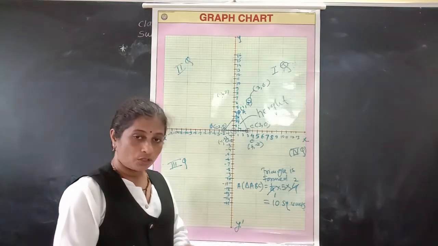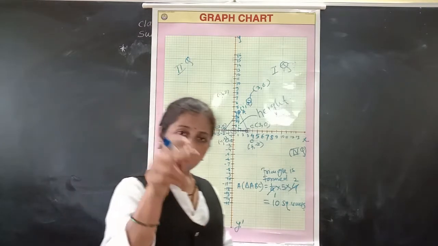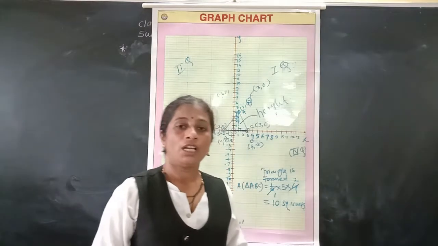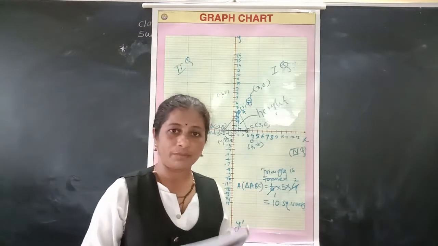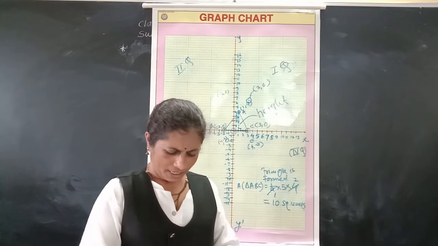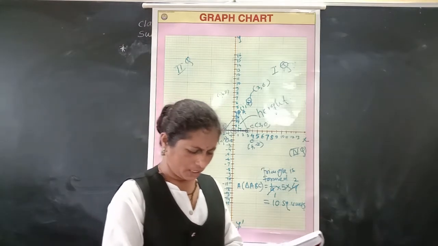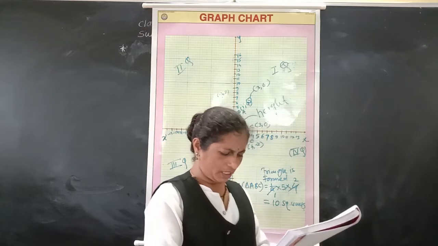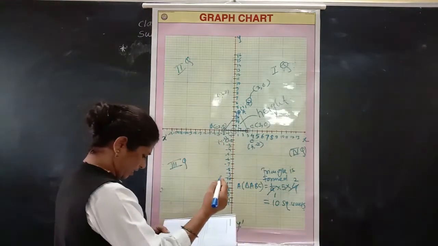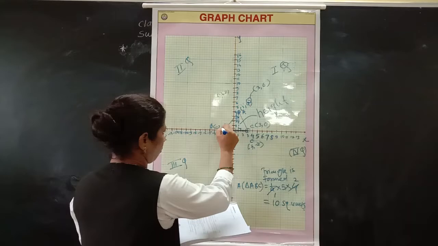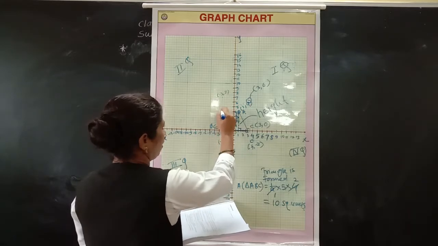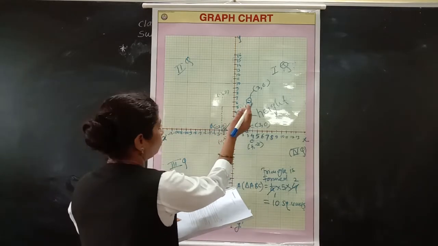Okay. Next question: write the coordinates of the points A, B, C, D given in the figure. Everyone, you have the textbook and the question paper with you, right? Whatever the worksheet is, in that, what are the coordinates of the point C? Here C is there, right? Dotted lines are given here from the point 2.